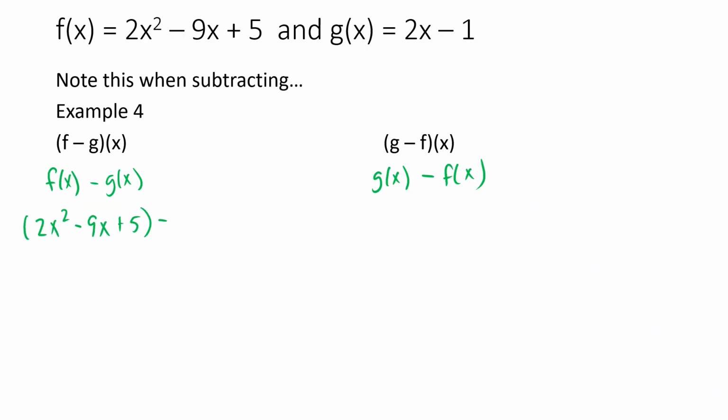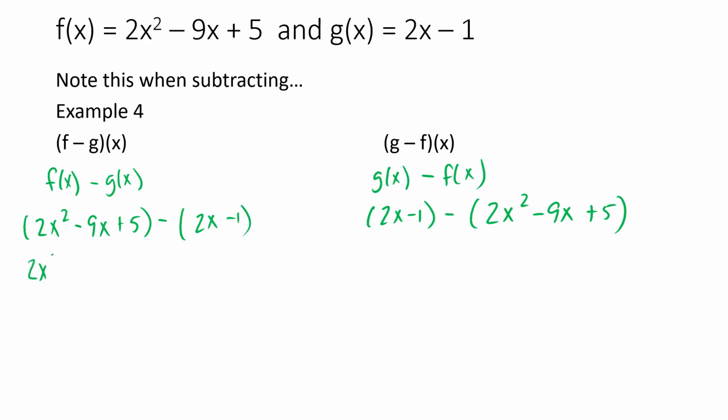Okay, so I am going to be a little bit more careful. And this one would be 2x minus 1 minus 2x squared minus 9x plus 5. When we are subtracting, the most common mistake is to not distribute the subtracting to everything that is being subtracted.